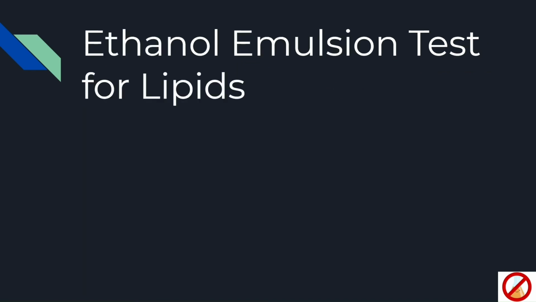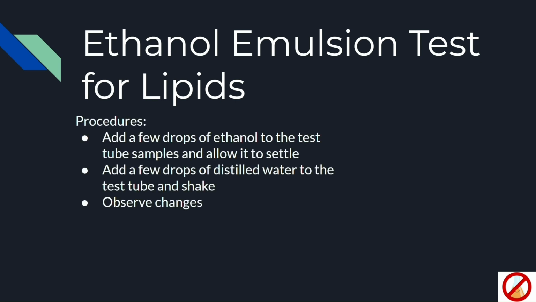And the final test will be the ethanol emulsion test, testing for lipids, fats, and oil. How to do this test is actually pretty simple. All you have to do is drop a few drops of ethanol and allow it to rest for around 1 to 2 minutes. Then you add distilled water.